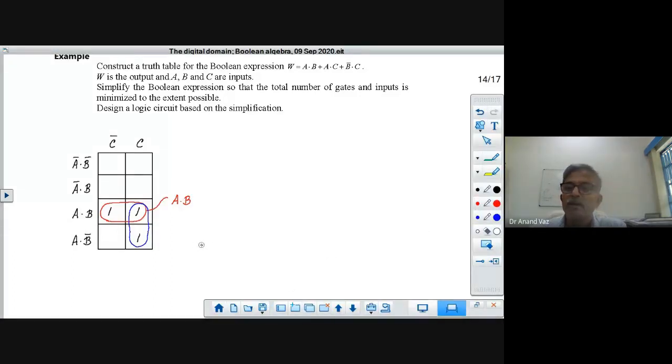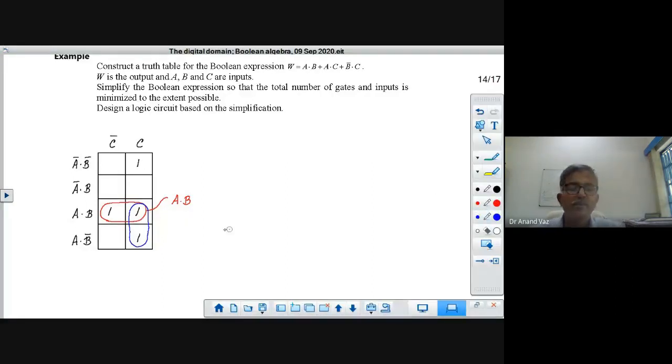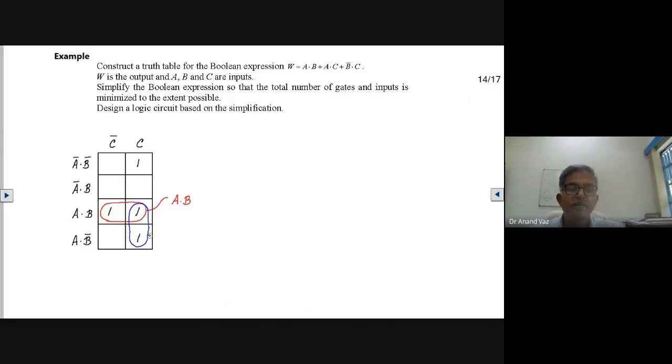Okay. Then the third one is not B and C. In the same way, we will have to keep not B and C. So we will have to place a 1 here, and one minute, I'll just indicate the previous pair.